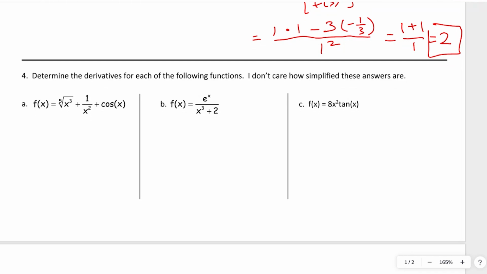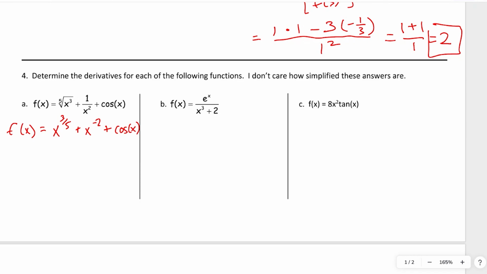So for A, we want to find the derivative of this function. So we're going to just take each term here and differentiate separately. Maybe before I do, I'll rewrite these first two terms. So I'll rewrite this one as x to the 3/5, and this one as x to the negative second.